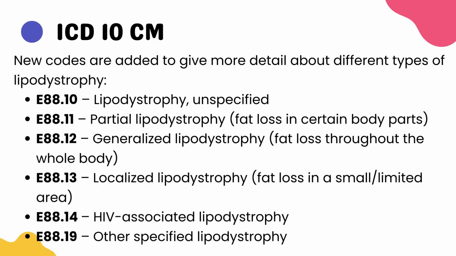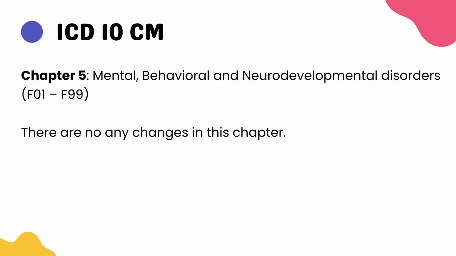E88.13, localized lipodystrophy. It means fat loss in a small or limited area. E88.14, HIV-associated lipodystrophy, fat loss due to HIV. E88.19, other specified lipodystrophy. Alright guys, moving on to Chapter 5.